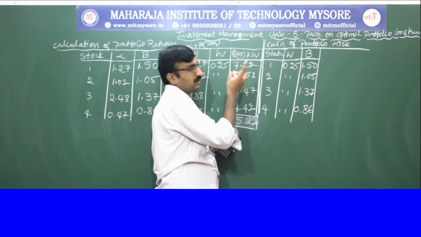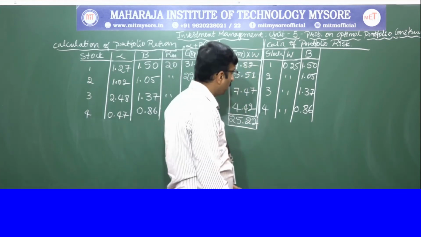Then we go for multiplication of weight into beta. Each one will be calculated.